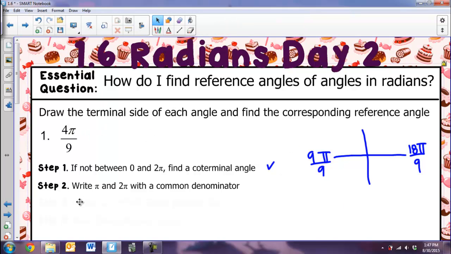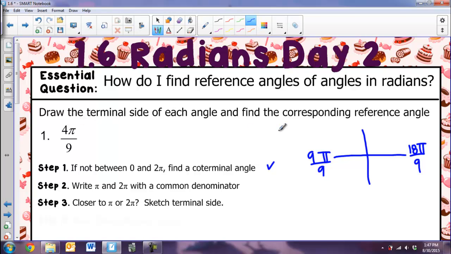My next step is to ask yourself, would this angle be closer to pi or 2 pi, and then sketch the terminal side. So it's kind of what we did at the end of Tuesday's video for radians day 1. So when I look at this guy, he's definitely closer to regular pi. He's closer to 9 pi over 9 as opposed to 18 pi over 9.